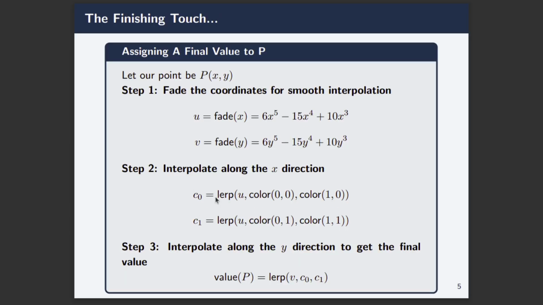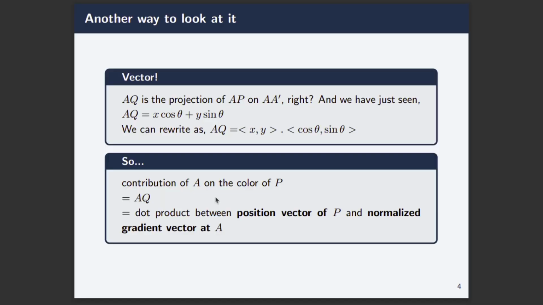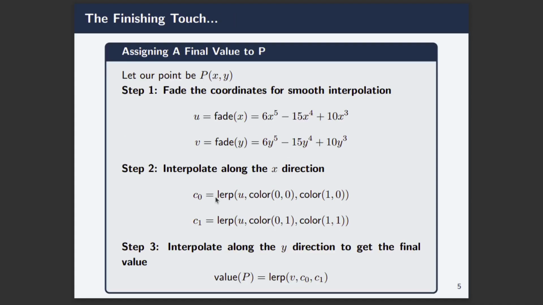And now, how do we get the final value for P? Currently what we have is four values for the four endpoints, right? So we need to somehow combine them all to get a final value for the random point P. To make this process generate a smooth image, a fading function is actually used.